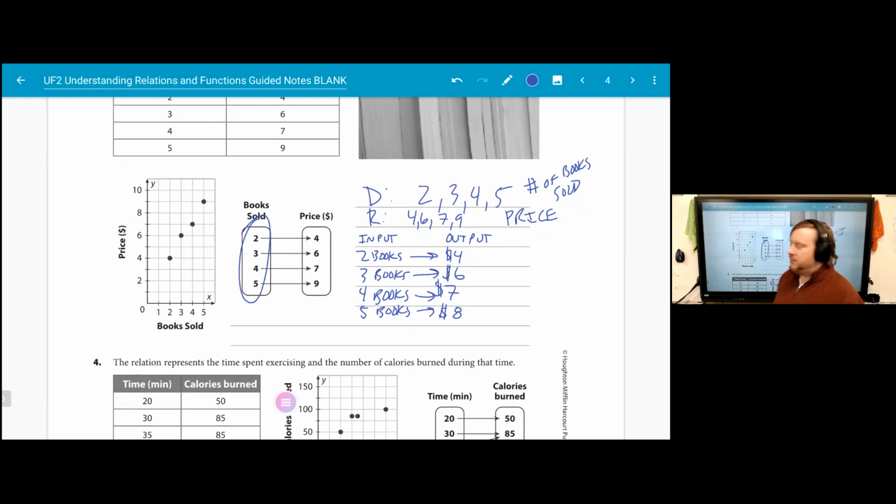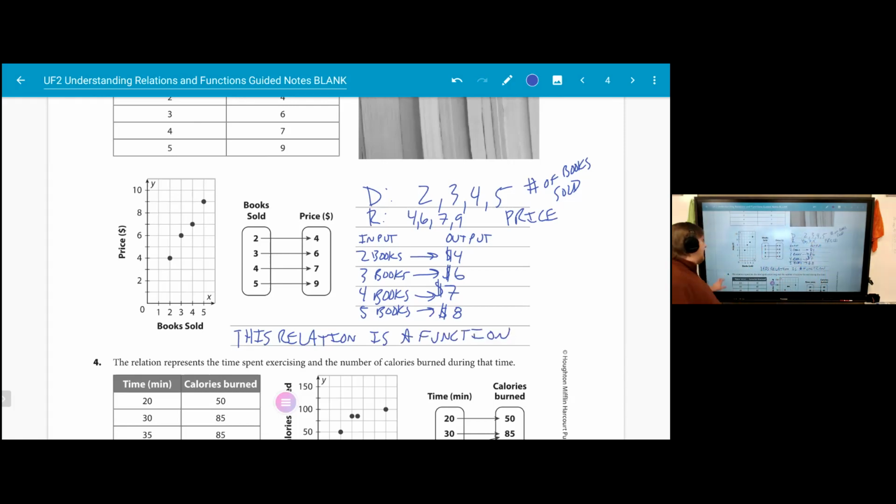No. Since they all have exactly 1 arrow coming from them, this relation is a function.